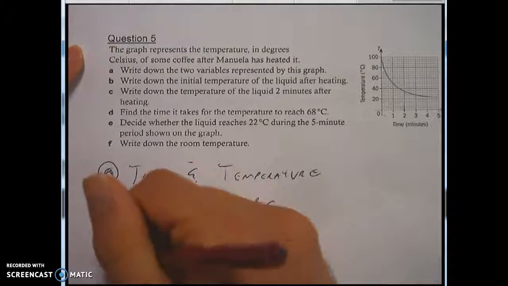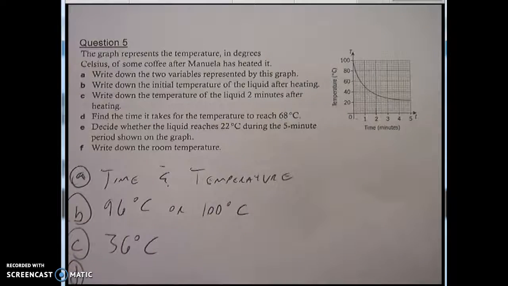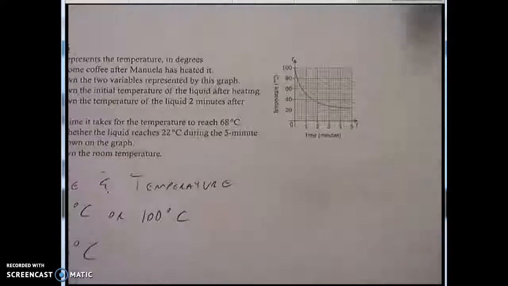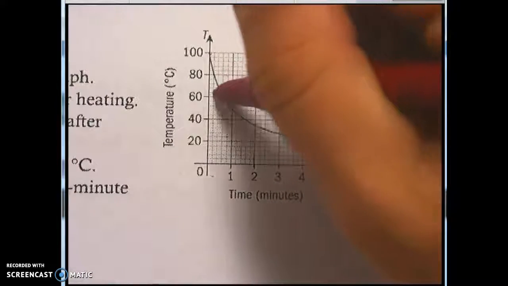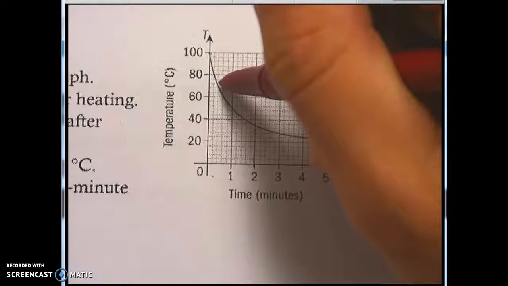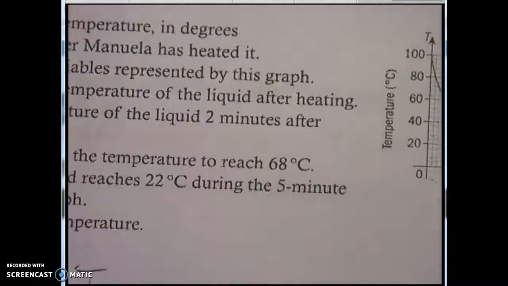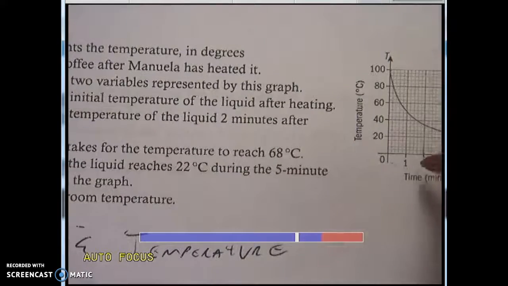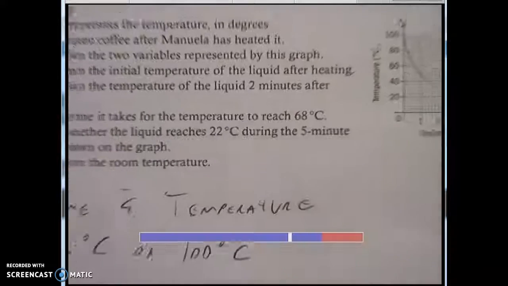Part D says find the time it takes for the temperature to reach 68. So go over here again. Let's see, 64, 68, and we go straight over. 68 appears to be at 0.4 minutes.